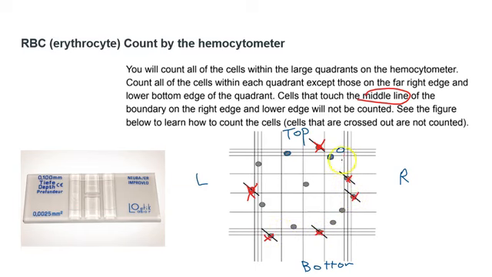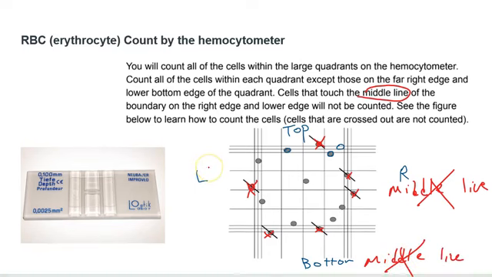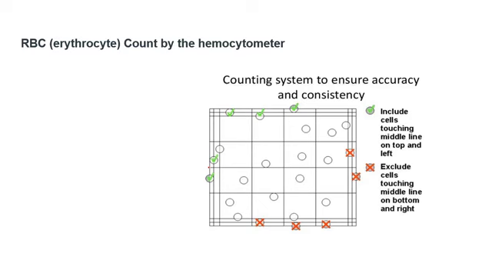The only cells that we can count on the right and bottom are those touching the first line, but not the second line or the middle line. So the middle line for the bottom and right edge, we are going to cross them out. Okay, let's practice a little bit more.